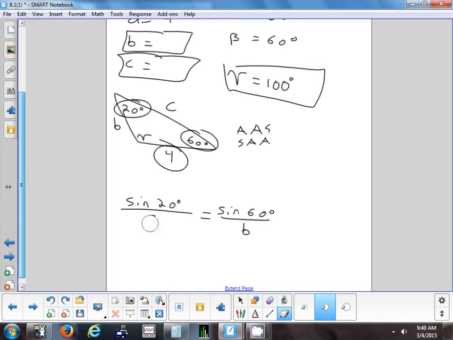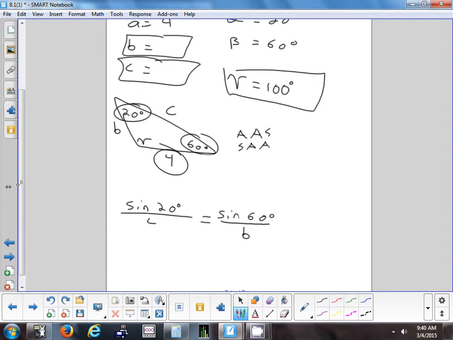Now, since I know A, I'm going to fill it in. I could have done that right away, and I should have. So sine of alpha over A, and I know both of those. Sine of beta over B, and I know one of those. When you set this up, this is a proportion, you can only be missing one letter. And we are. We're only missing one letter.